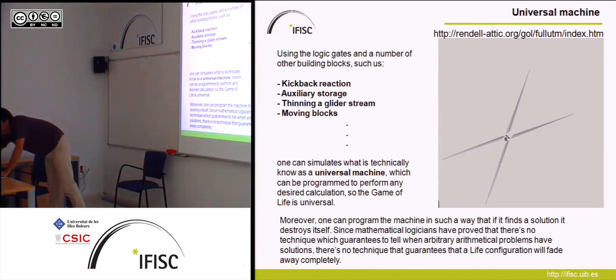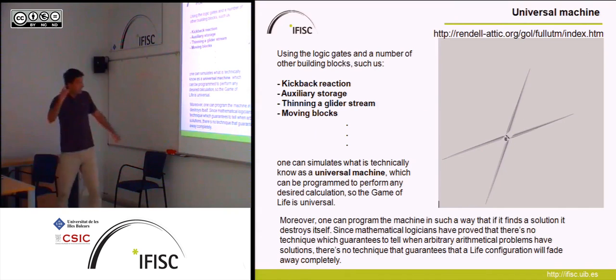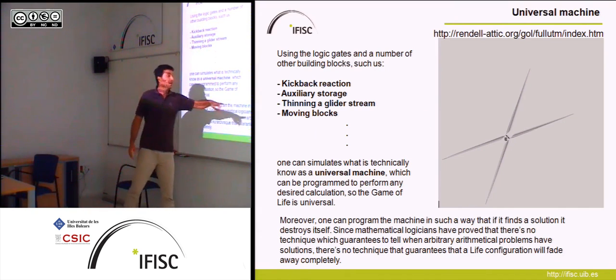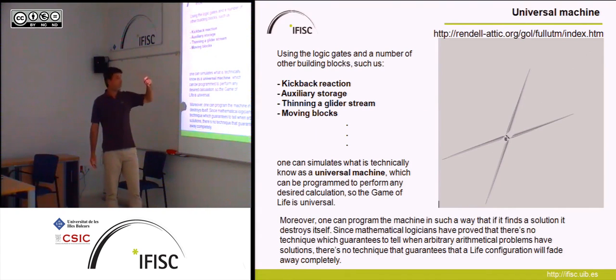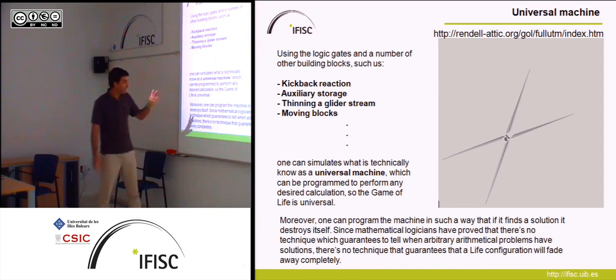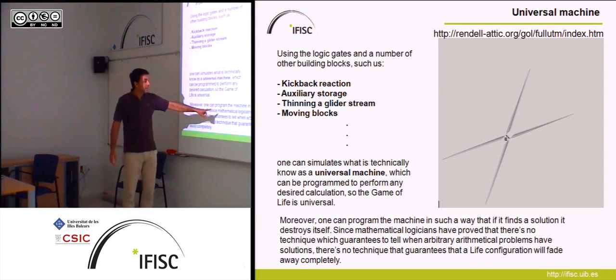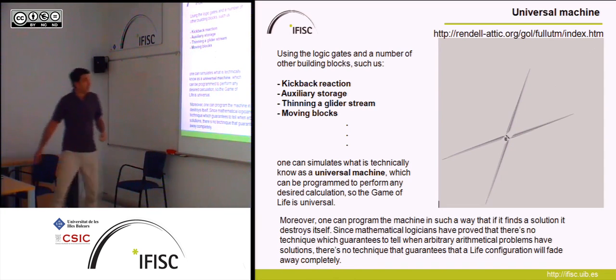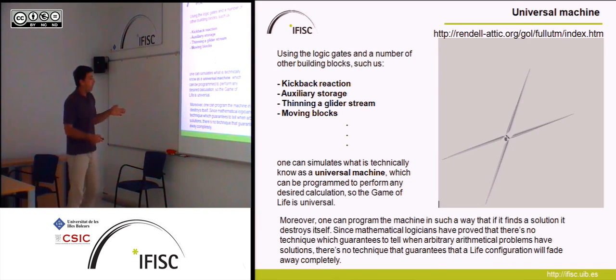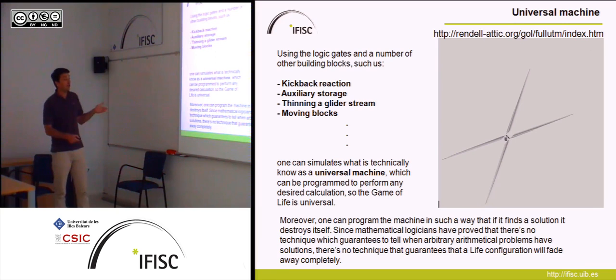I'll go much faster now. One more thing about predictability. You can program the machine in such a way that it finds a solution for a problem, destroys itself and stops. You can do that. It's amazing. Since mathematical logicians have proved that there is no technique which guarantees to tell when an arbitrary arithmetical problem has a solution, there is no technique that guarantees that the life configuration will fade away completely.